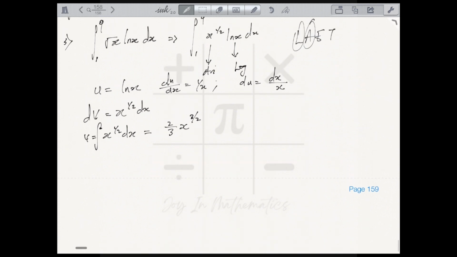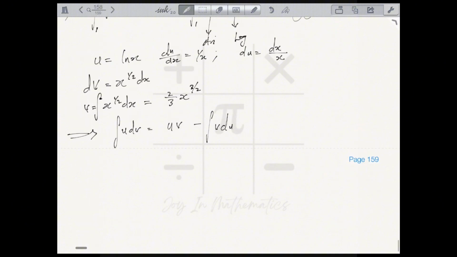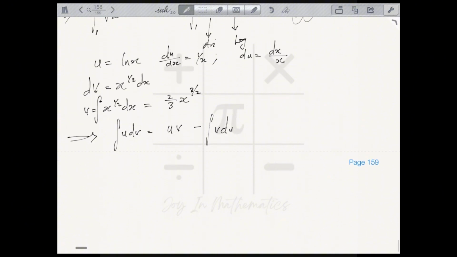So with that done, let's apply our integration by parts formula, which says the integral of u dv is equal to uv minus the integral of v du. And with that done, we'll make our substitution.